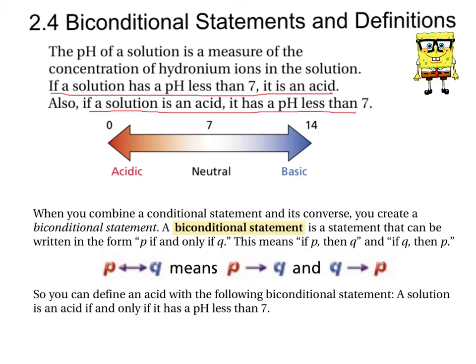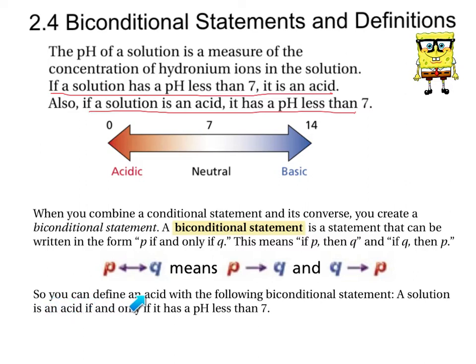So, if you have something that says P, if and only if Q, we write it with an arrow going both ways. What that means is that if you take if P then Q, and if Q then P, if both of these are true, which would be your conditional statement and your converse, we can write it like a biconditional statement. So let's take our original acidic and alkaline problem.